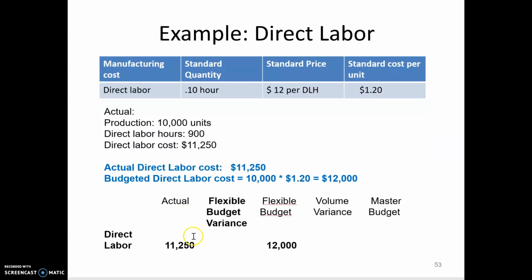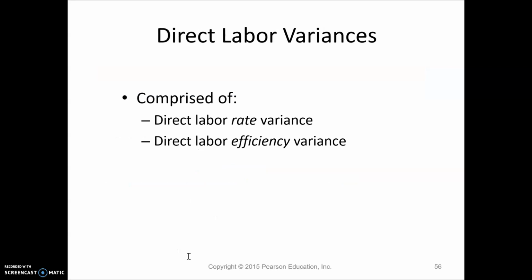So if we go to our flexible budget, we've got $12,000 for direct labor, actual is $11,250. We can see our variance is $750, and since the actual direct labor is lower than the flexible budget, that's a favorable variance. And so we want to investigate that. Why did we have that favorable variance?